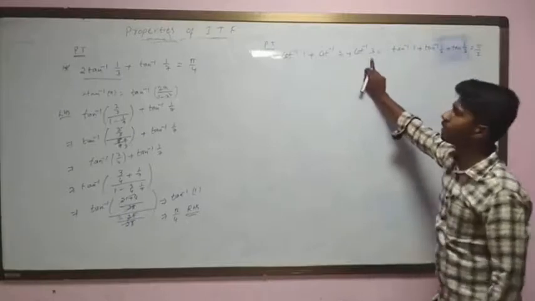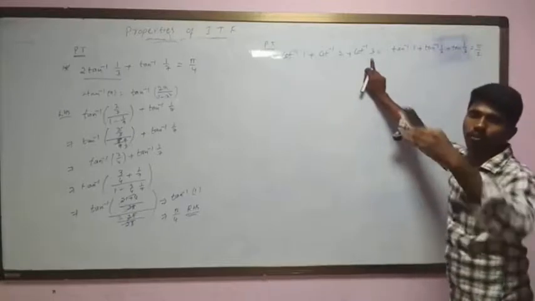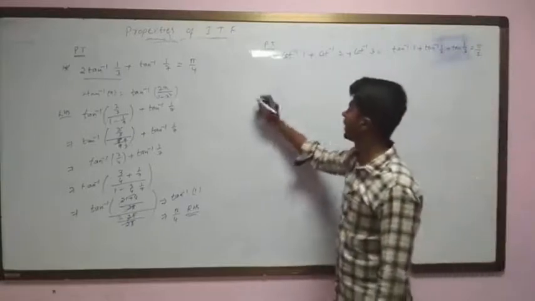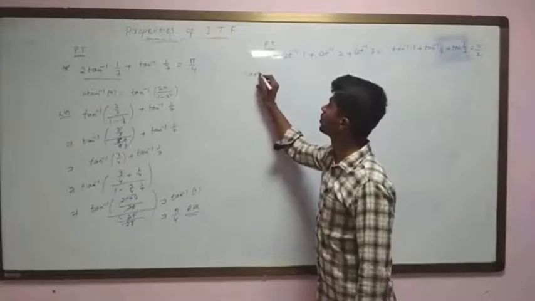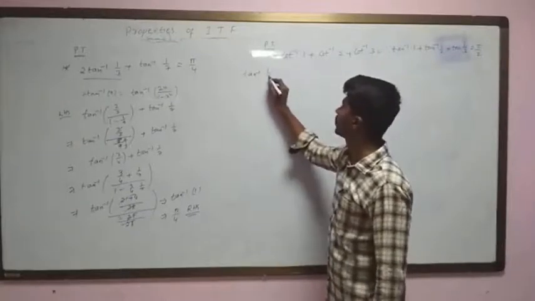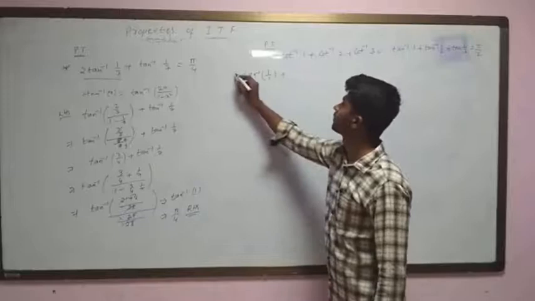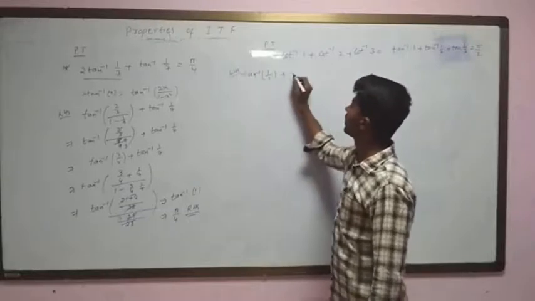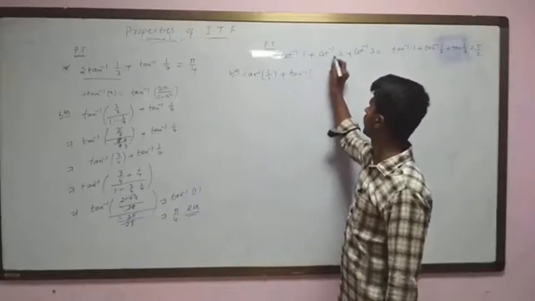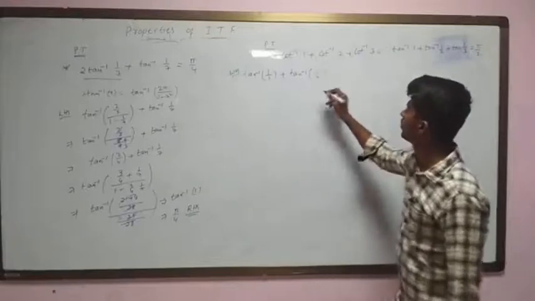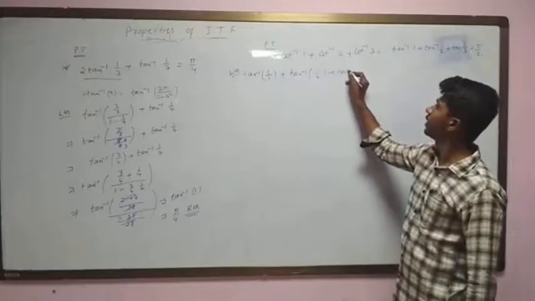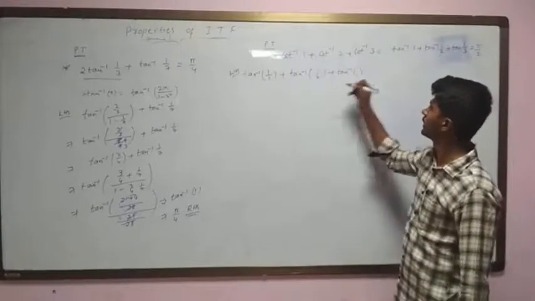For 1, 2, 3, all the values are greater than 0, so we go to the first formula. Then we can write it as tan inverse of 1 by x, with x value 1, plus tan inverse of 1 by 2, plus tan inverse of 1 by 3.